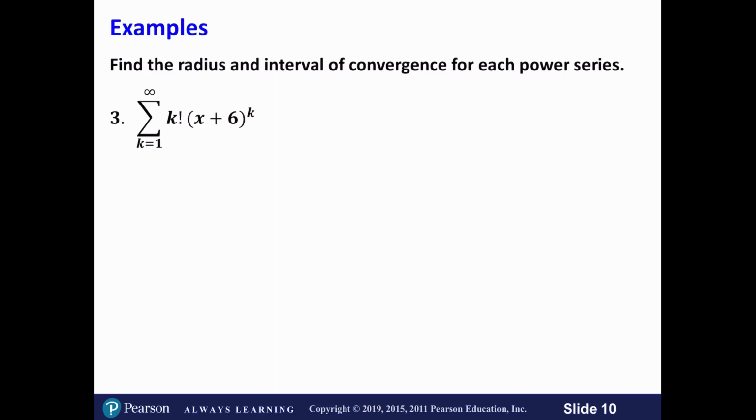All right, since this is a factorial, we should use the ratio test. We define a_k to be k factorial times x plus 6 to the k power.